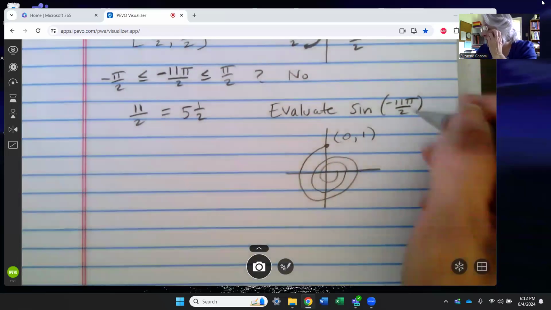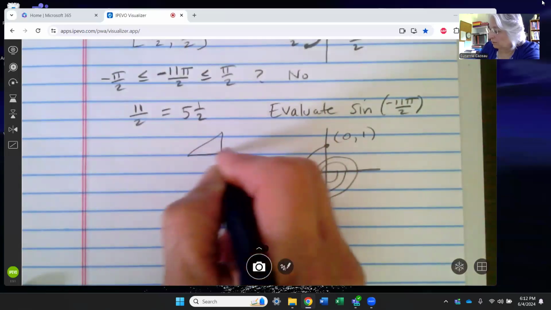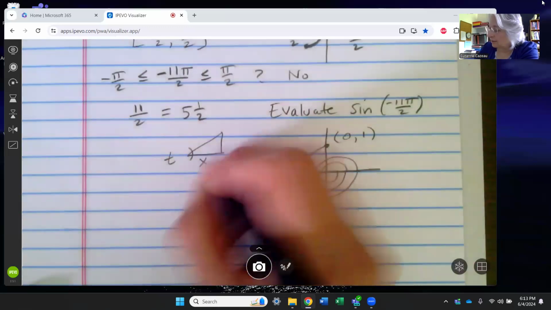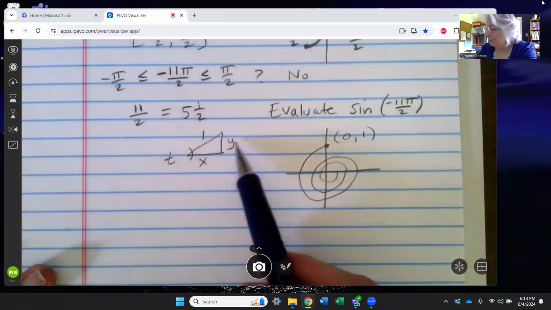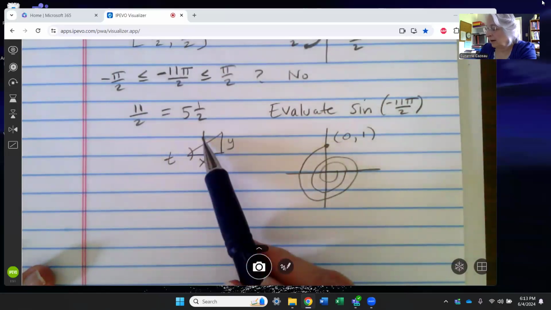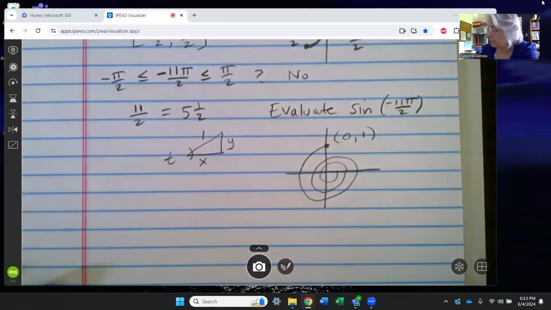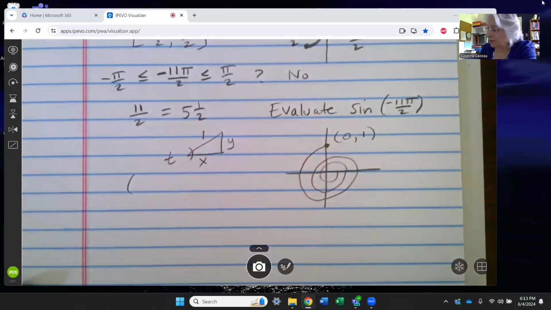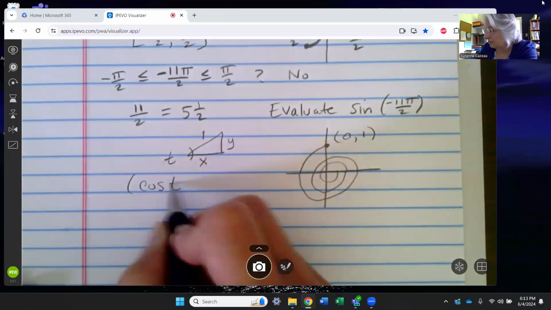So this would be equivalent. Sine is going to be, now if you remember the other triangle on the unit circle, X and Y and 1, right? If you remember that, then the sine is going to be opposite over hypotenuse. So that means the Y coordinate is the sine. So when you're looking at the ordered pairs on a unit circle, the first one is adjacent over hypotenuse, the cosine, right?